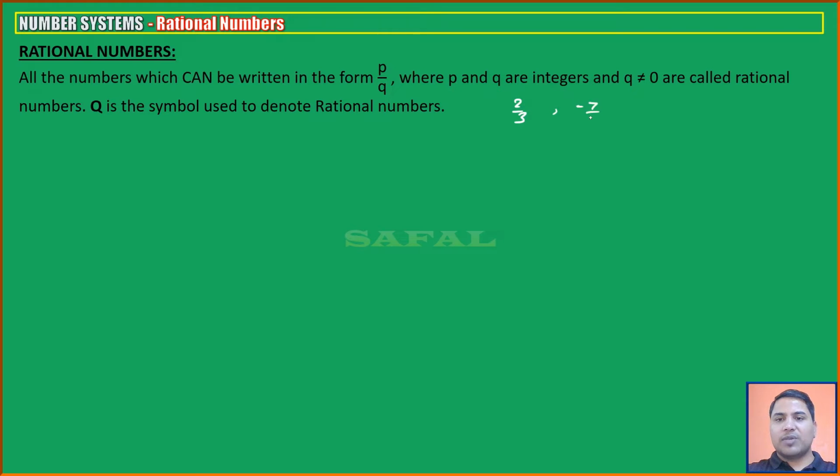Similarly, minus 7 by 10 is a rational number. 23 by 37, it's a rational number. So all numbers we can write in the form p by q, where p and q are integers and q not equal to 0, are called rational numbers.